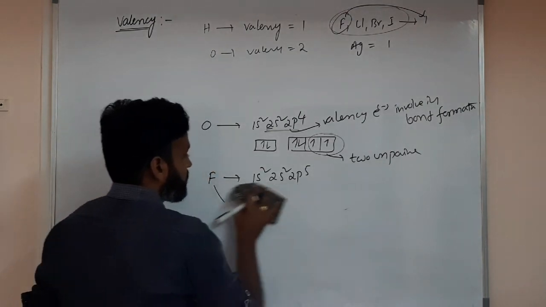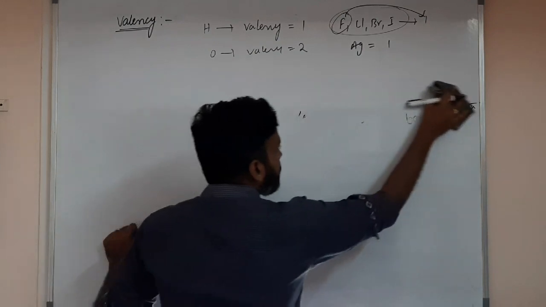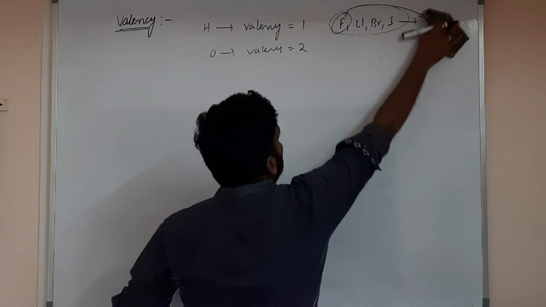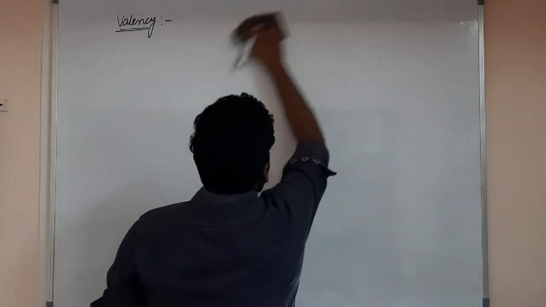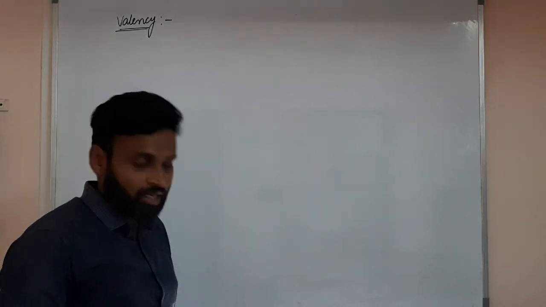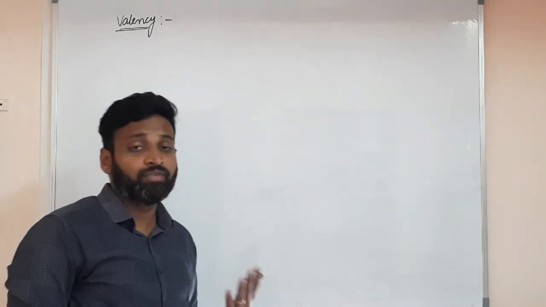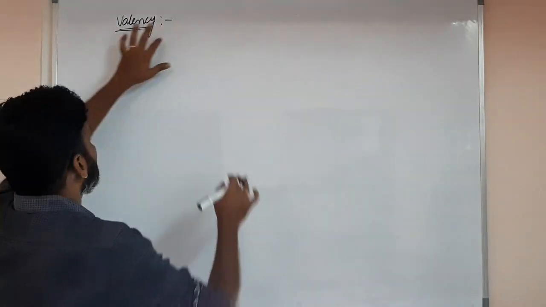Next, fluorine always 1 valency, but the remaining chlorine, bromine and iodine can have different valencies. Those also we will discuss, but here I won't give much information about those individual valencies, because we will discuss these in chemical bonding also.